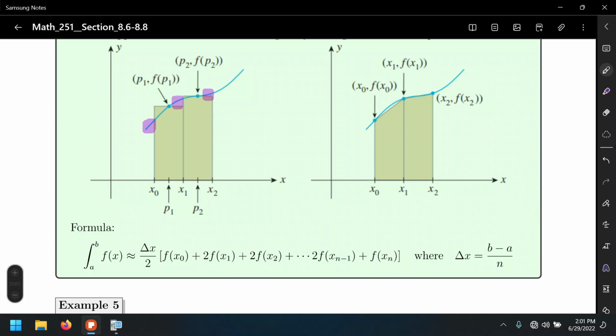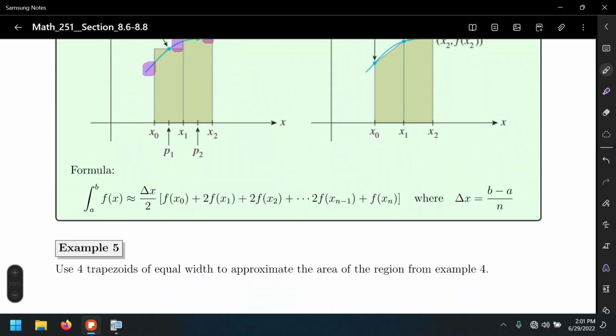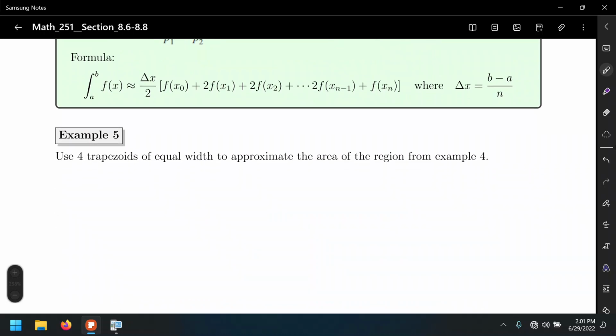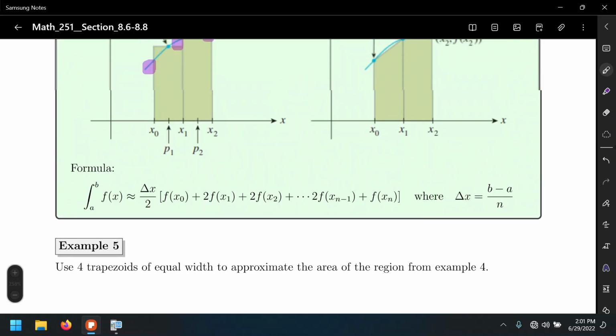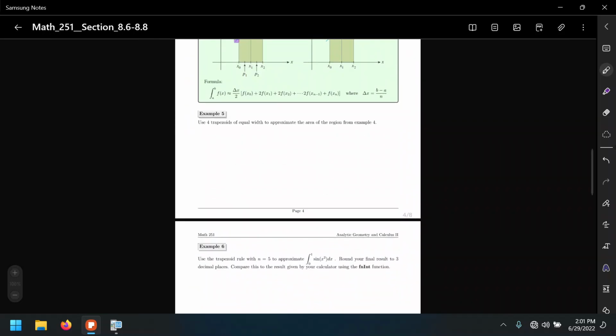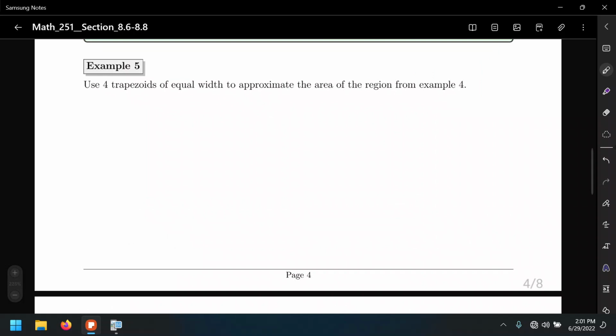So let's do one example, and let's use 4 trapezoids of equal width to approximate the area of the region from example number 4, the one from the previous page. Let me draw the graph real quick. 1, 2, 3, 4.